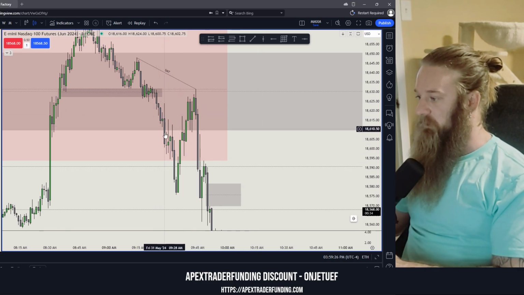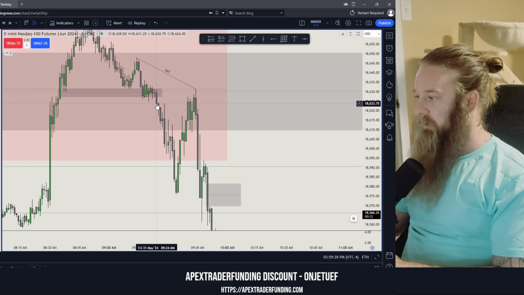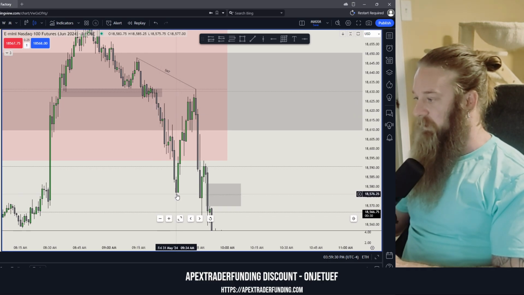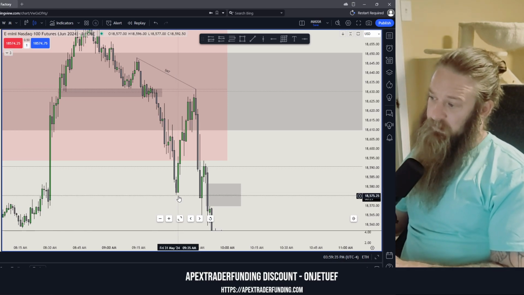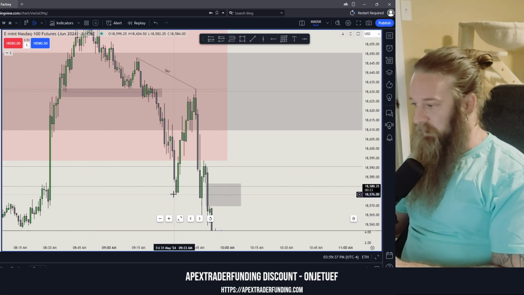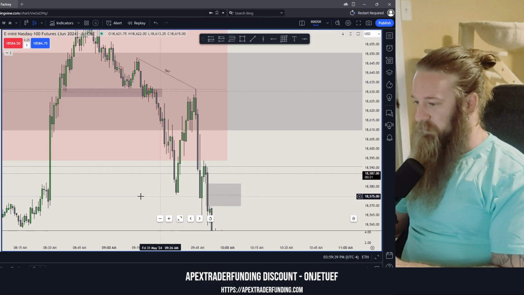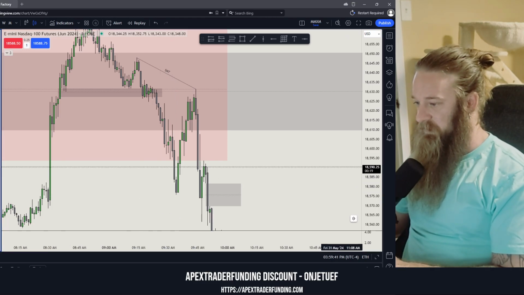Had I entered here, great trade opportunity, 623 to, I mean, that's 50-ish points. So that's a good grip. But I was aiming for sell side way down here.